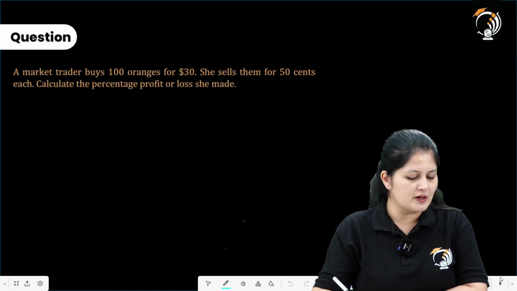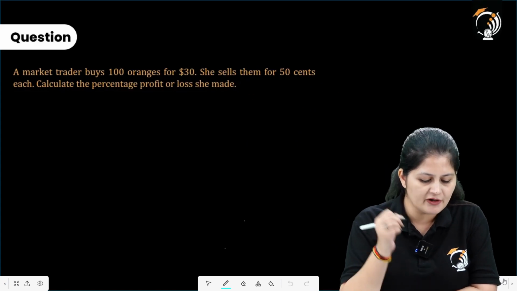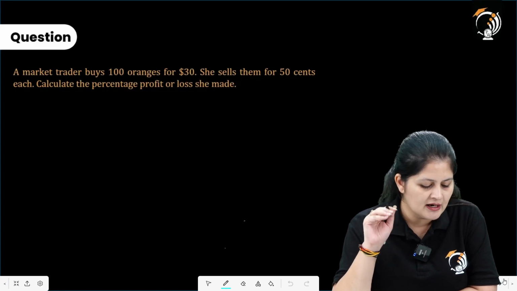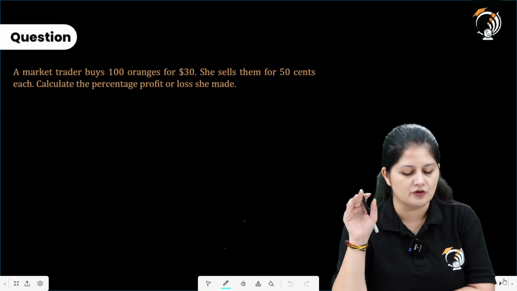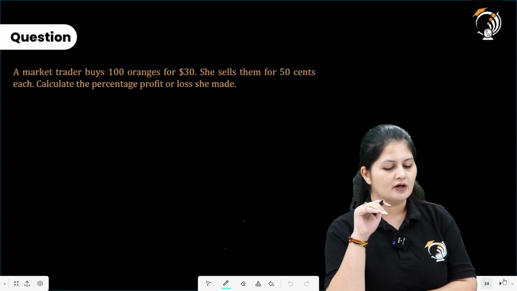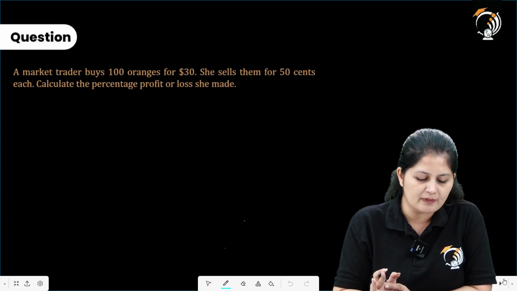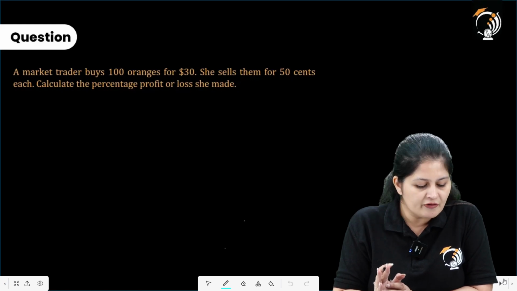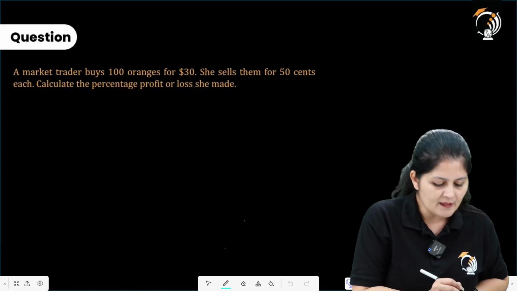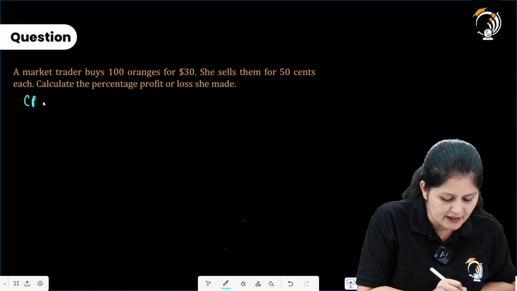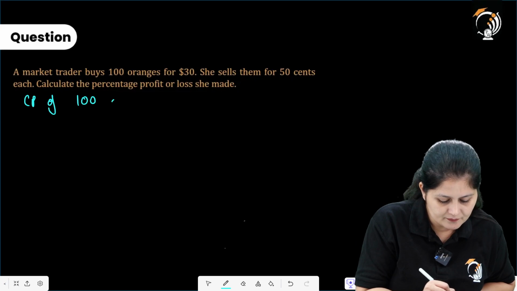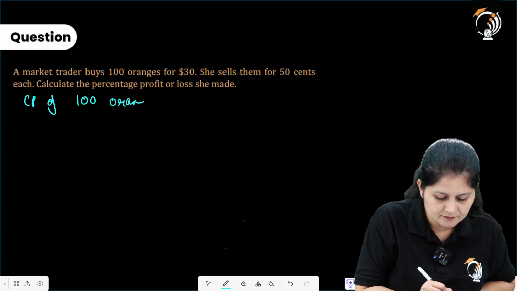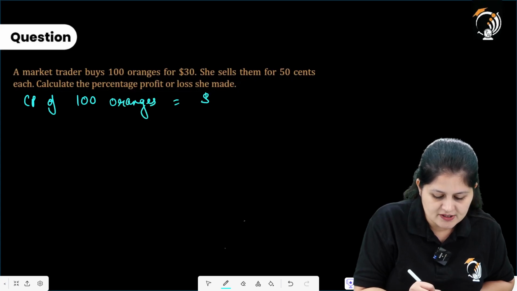Moving to the next question, which says a market trader buys 100 oranges for $30. She sells them for 50 cents each. Calculate the percentage profit or loss that she is making. The cost price of 100 oranges is equal to $30.